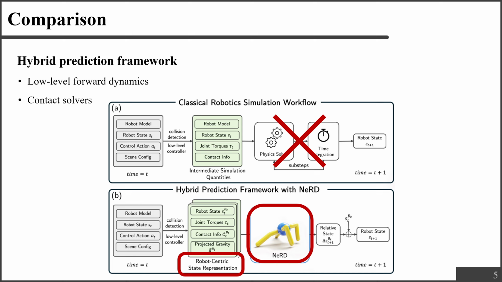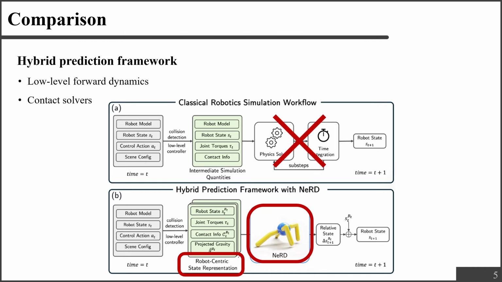Here's the key shift. NERD does not try to run collision detection or scene management. Instead, it replaces only the solver-side components for the dynamics and contact solvers, and it changes the model inputs. Rather than feeding controller actions directly, it uses intermediate simulation quantities that include the robot state, joint space torques, and importantly, contact-related quantities.